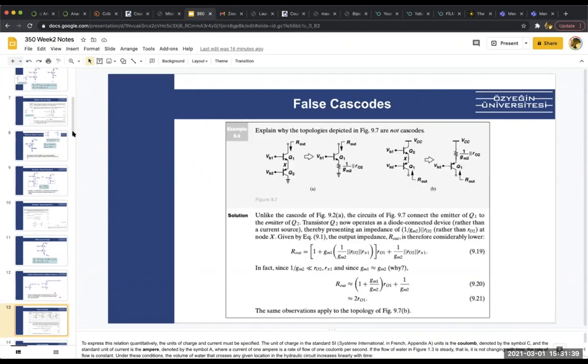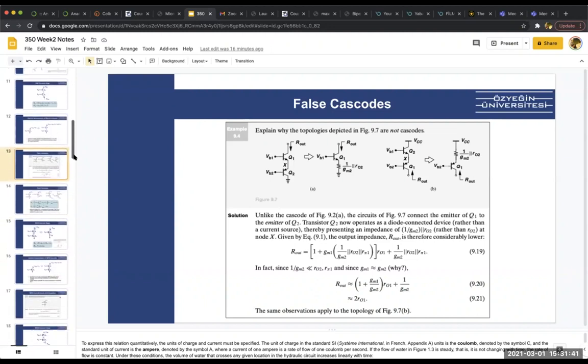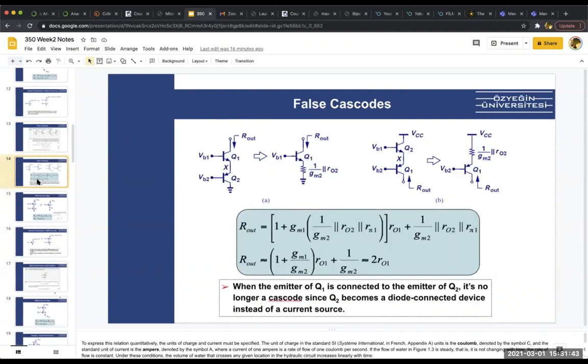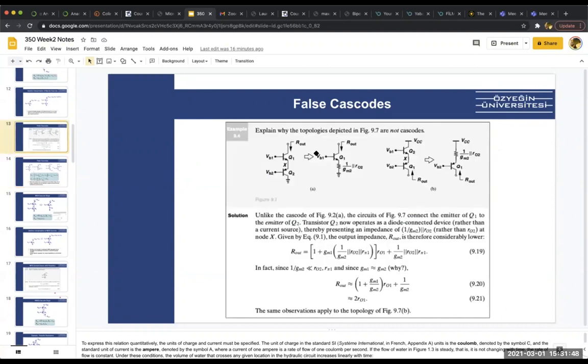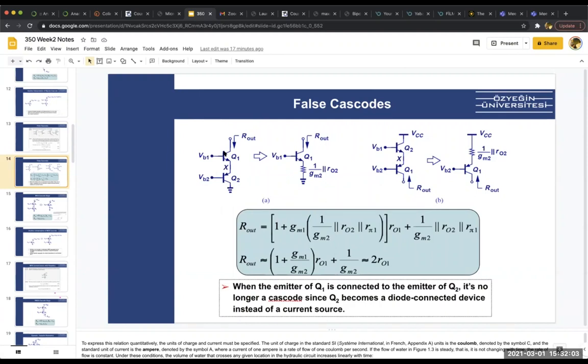So false cascode means some circuits might look like a cascode to you, but they are not actually cascodes. For instance, this is a question again from the book, and it explains the equations nicely. There is this cascode transistor, Q1, basically it's stacked, but watch out for Q2. Q2 is a PNP, it's not an NPN.